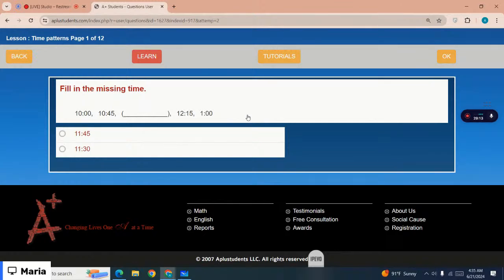So the missing value is, yes, that is 11:30, right? The pattern is growing by 45 minutes. So that is 11:30.